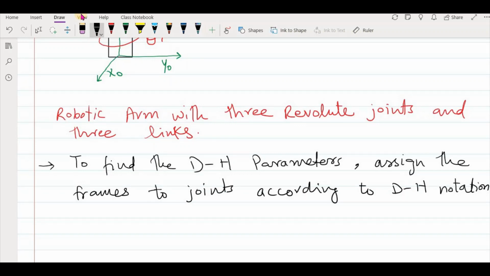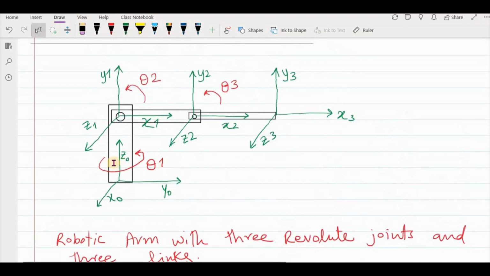So that's what we did here. This black color lines represent the actual robotic arm, and then according to the DH convention, we assigned these frames, which is frame 0, which is a reference frame, and then frame 1, frame 2, frame 3.